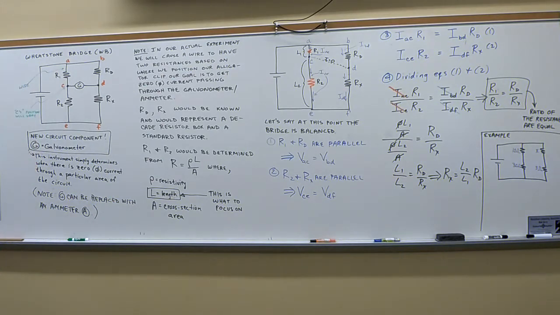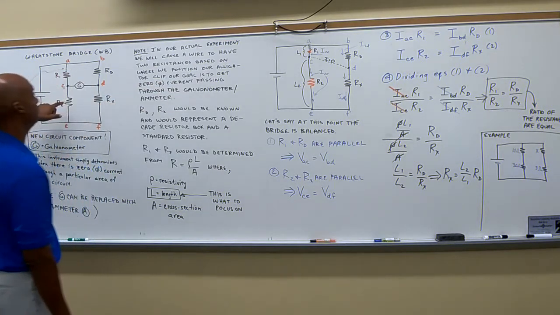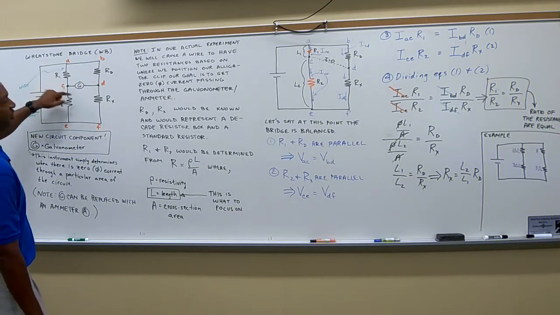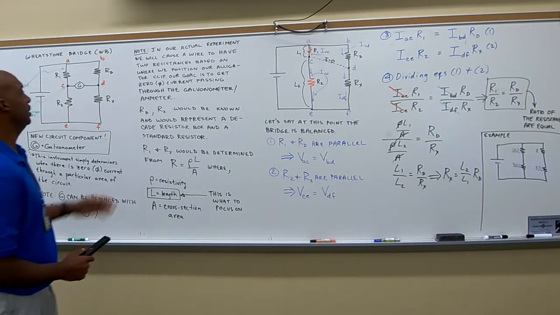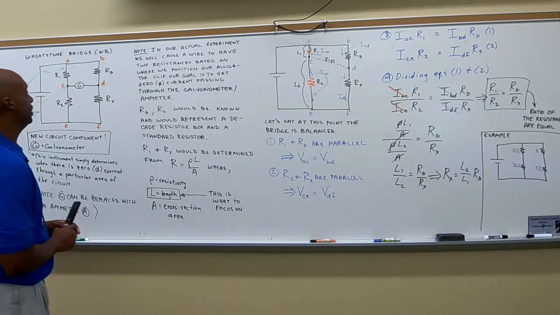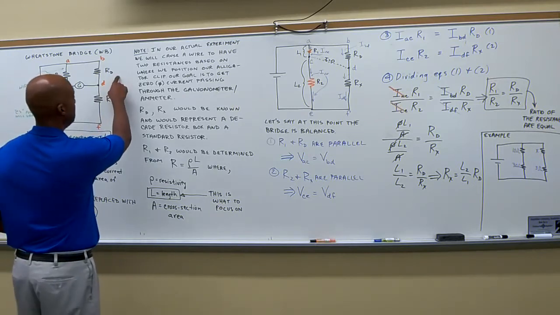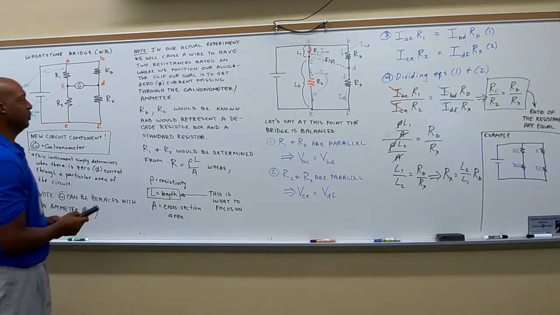We're going to use a wire, and we're going to position an alligator clip in this position. We're going to actually slide it along, you'll see in the next picture here, until we get the current passing through here to be 0.